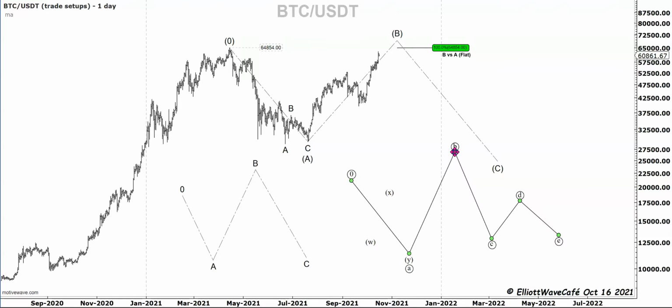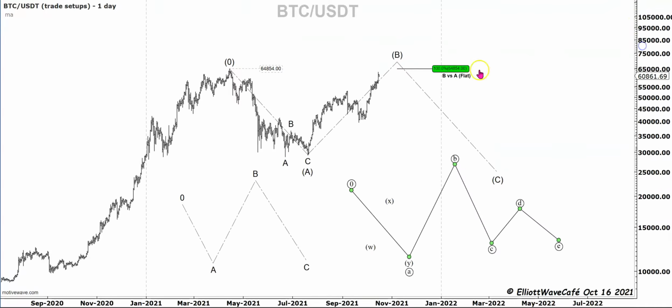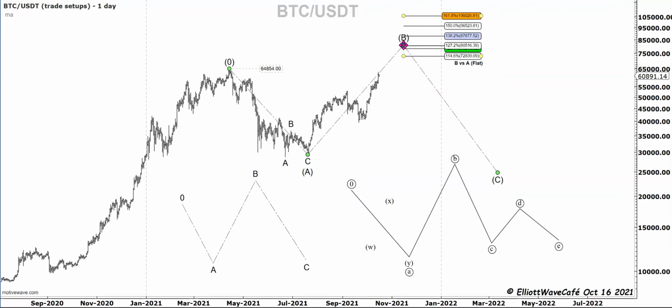This B wave moves higher, right? You maybe go towards 127% of this move, which means that this B wave would have to travel towards 80,000, and maybe even 87,000, 127 to 138. It would have to go all the way up there for it to be a B wave of a triangle, which is the one that's right here.